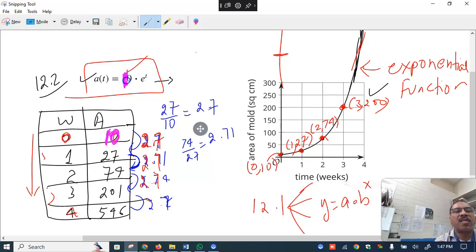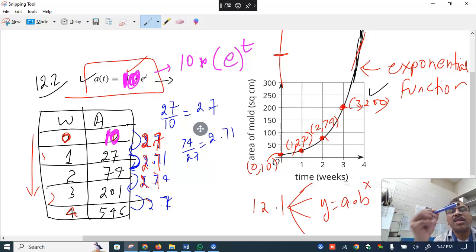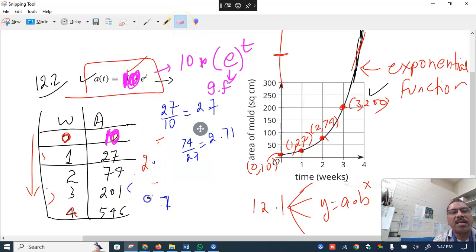Look at this, this is that 10. But now I want to relate this to 10 times something, and they give you the E. Now, what is this E? The way we see this E is like a growth factor, and we have seen that from all those pieces that we did there.